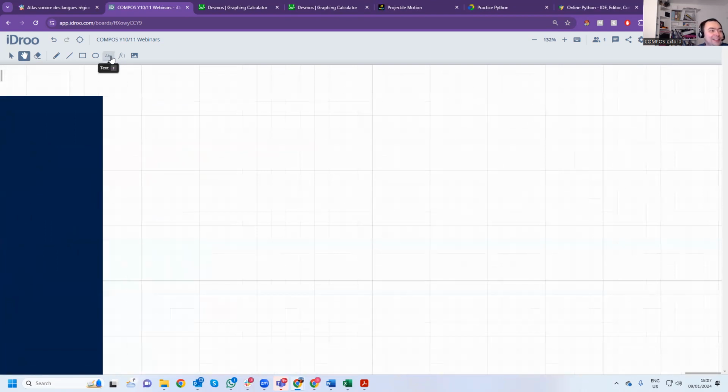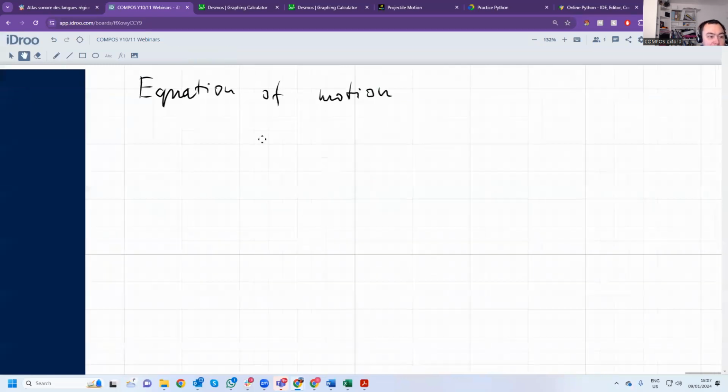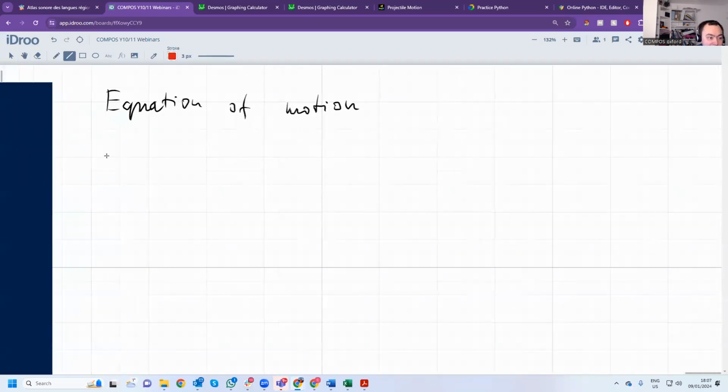A simple equation of motion. Imagine you are traveling along a straight line with constant speed.